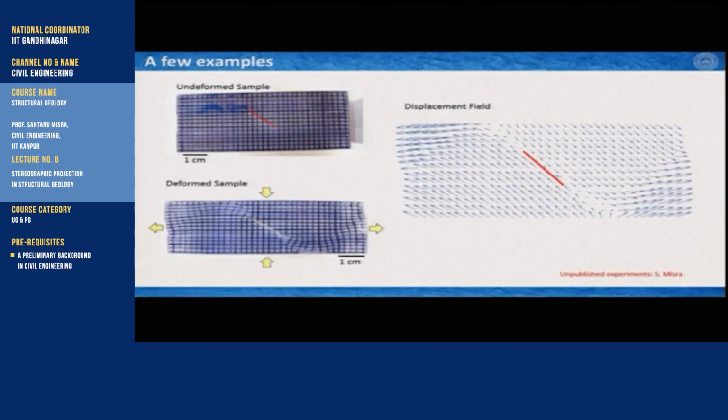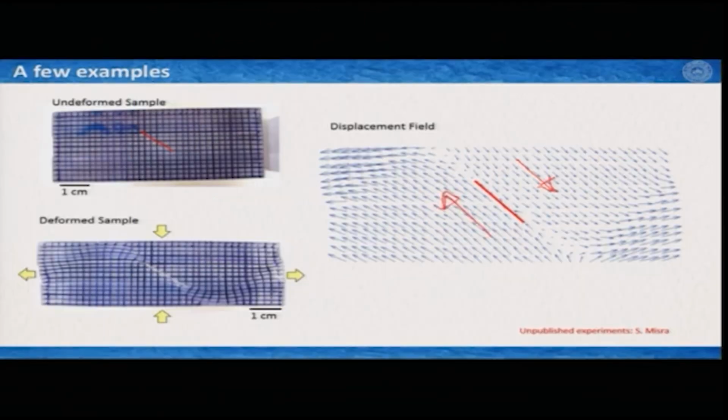As you can see along this cut, all the materials on the top side of this cut moved downwards, the material at the bottom of this cut moved upwards. And this is how we can interpret what the deformation was at the different points of this sample.